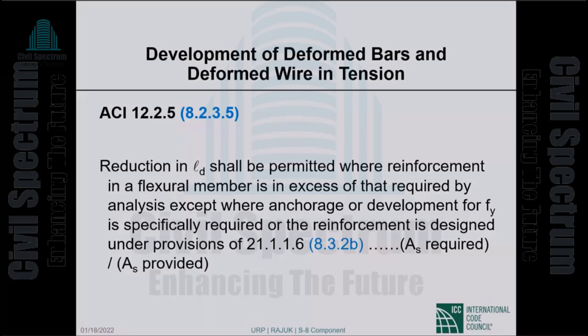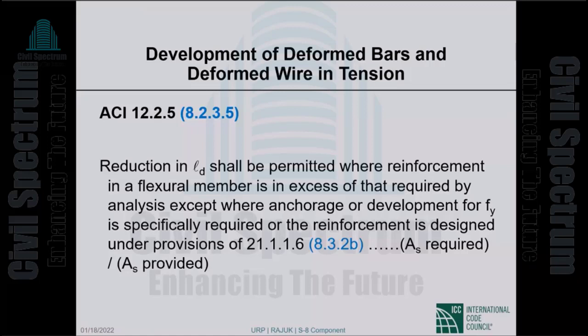I said it leads to confusion because there are cases where you cannot take this reduction. And those cases are basically where the code ACI 318 specifically requires F sub y, full F sub y to be developed. That happens in high seismic applications all the time.